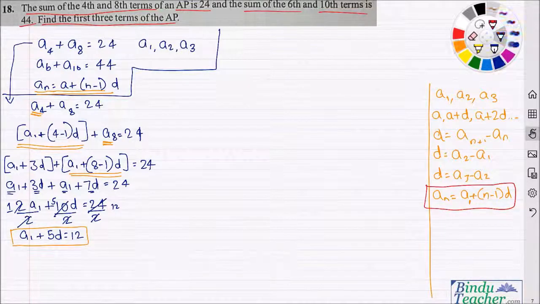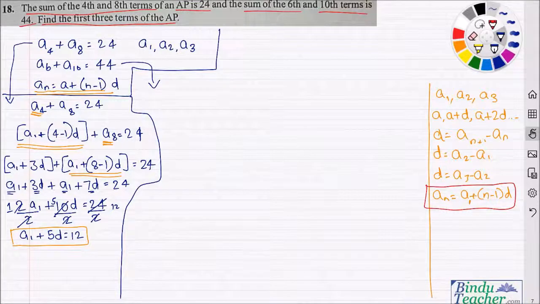Now in a very similar fashion, we will take the second equation and solve it. So what do we have? We have a6 plus a10 equals 44. Now a6 can be written as a1 plus n here is 6 minus 1 into d.